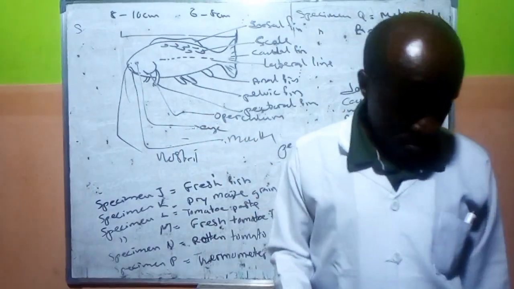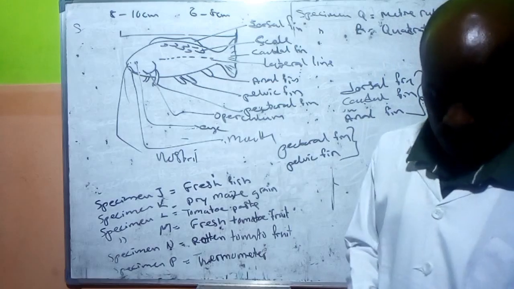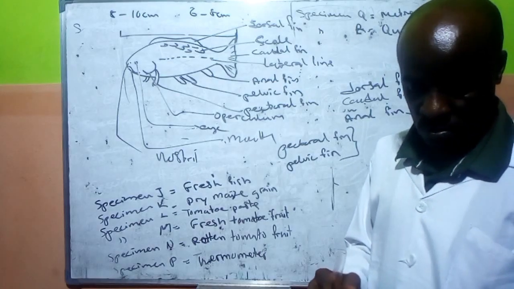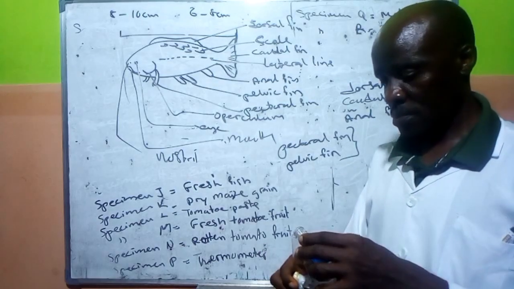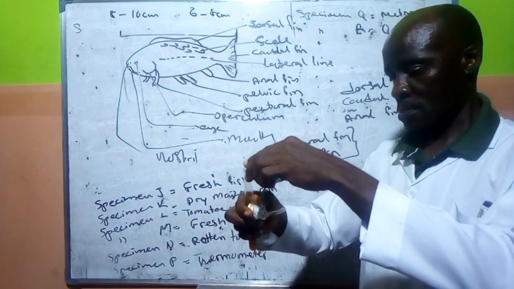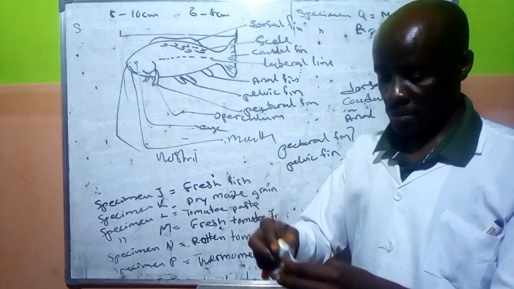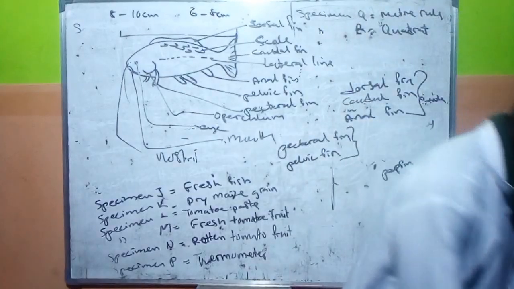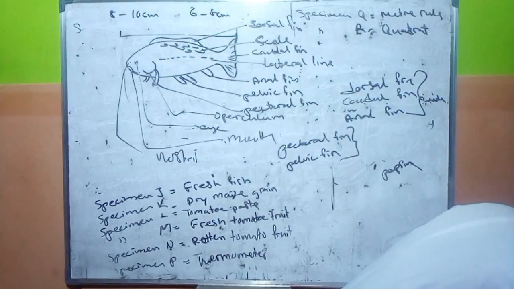Then we add Benedict's solution. Let me reduce the quantity of this. I need to reduce the quantity.